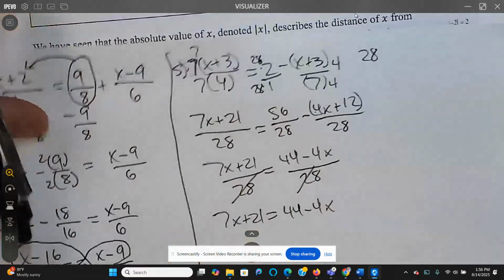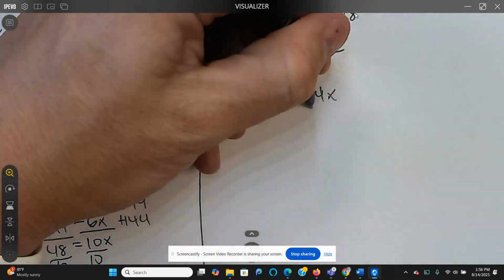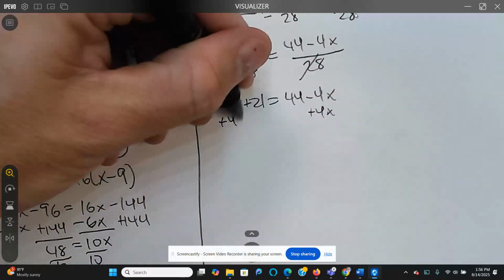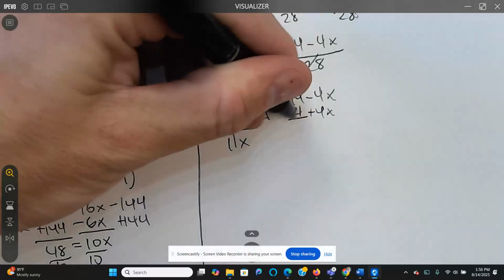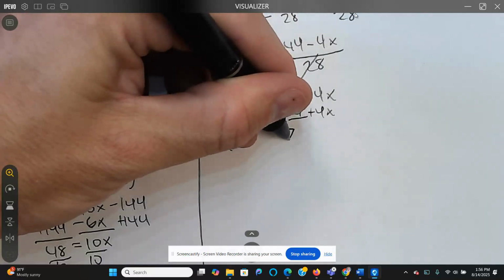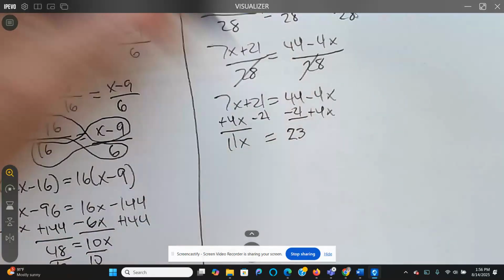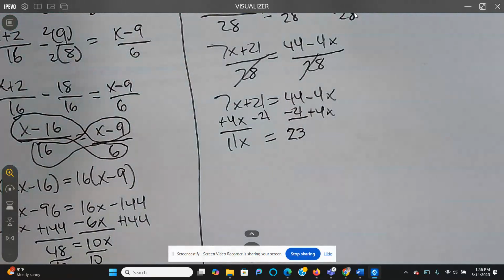And then you can add 4x, 11x. Oh, that's ugly. It's going to be ugly. I got 23 11ths. You'll get something ugly.